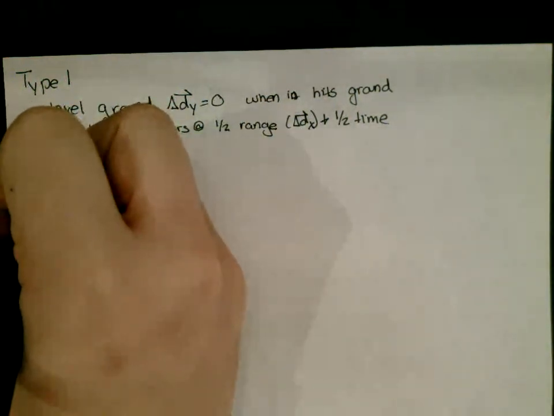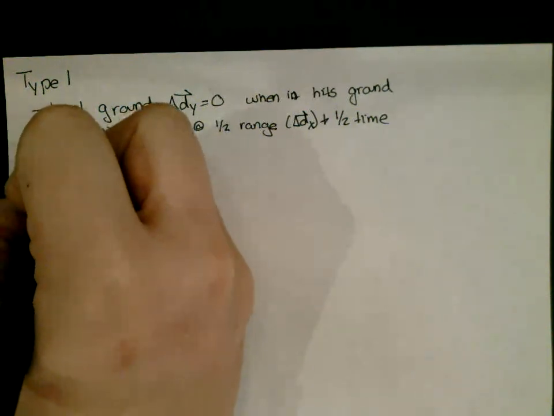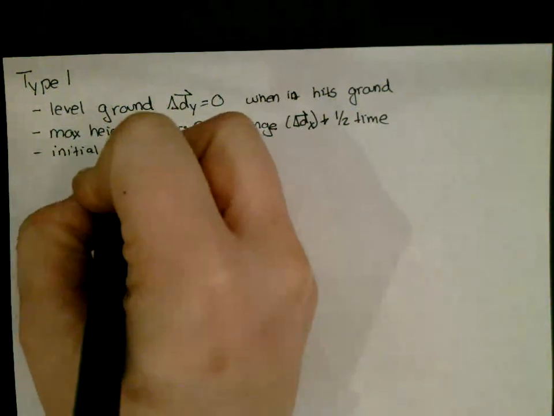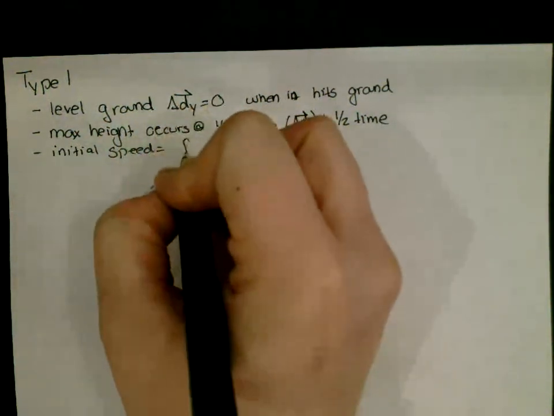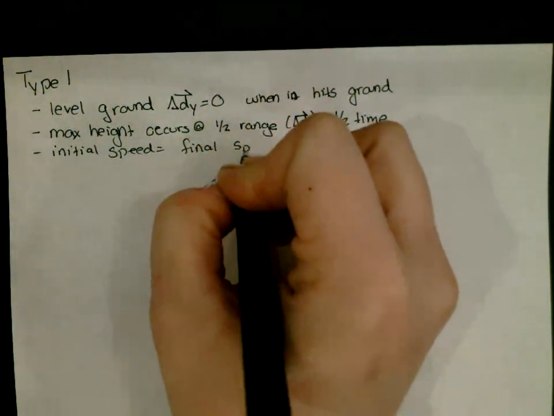Also in a type 1 problem, our initial speed is equal to our final speed.